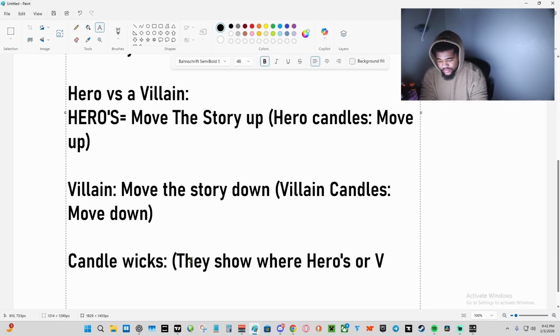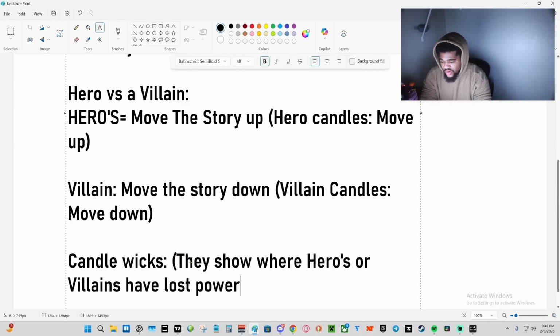They show where heroes or villains have lost power. Yep, I think I like that. So the candle wicks on each of the candles show where heroes or villains have lost power, right?